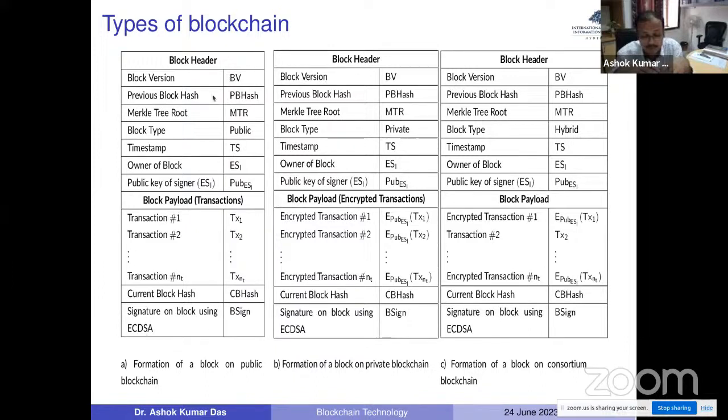Let us take this example. Suppose this block has been added in the blockchain. How will a verifier verify this block? The verification of this block will take place at 3 levels. One is verifying the Merkle root, then verifying the current block hash, and at last verifying the signature of the block.